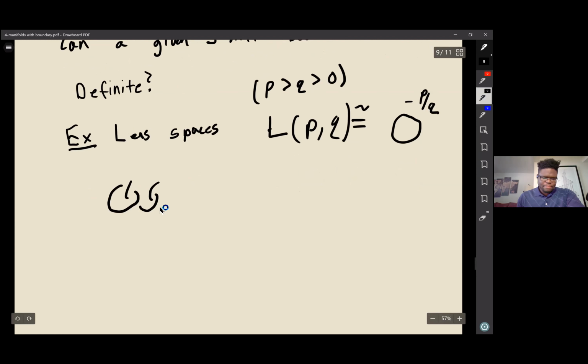And if I can find a continued fraction expansion of the fraction p over q, then I can realize L(p,q) as surgery on this link.